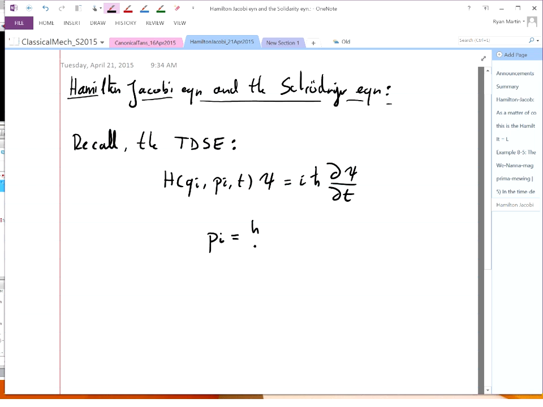The operator for momentum is given by h bar over i, ∂/∂q_i. So think of, for example, the q_i could be x, right? So the momentum operator, p_x, is h bar over i ∂/∂x. Right?